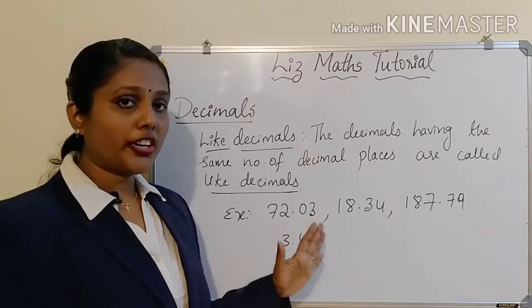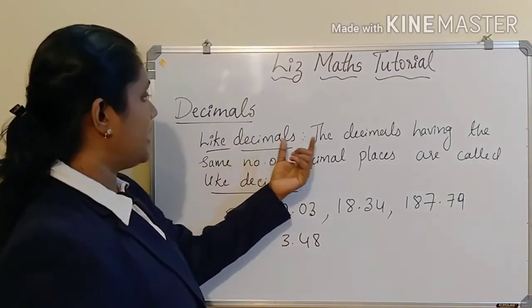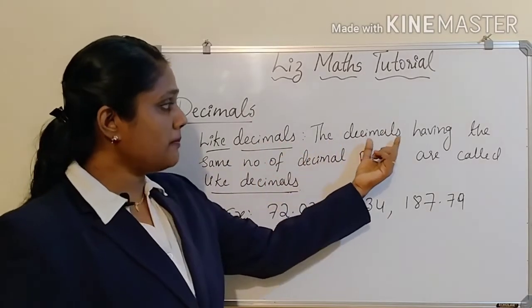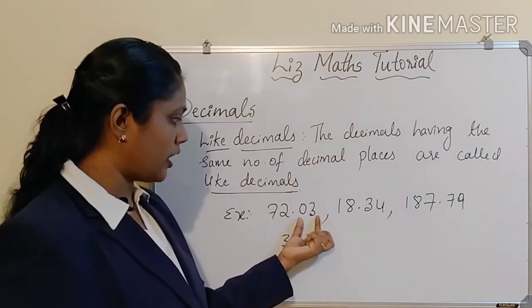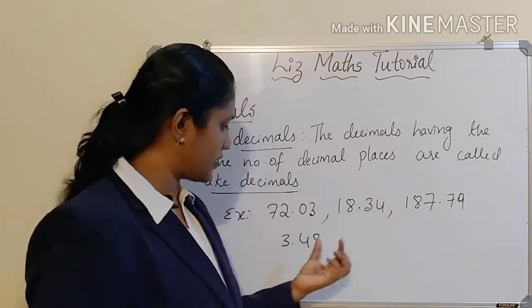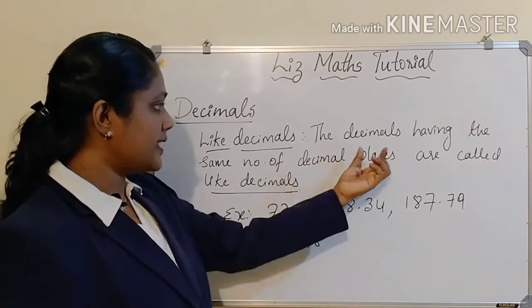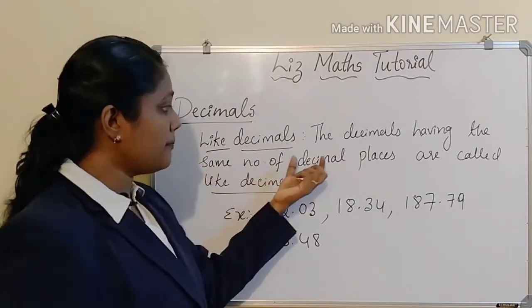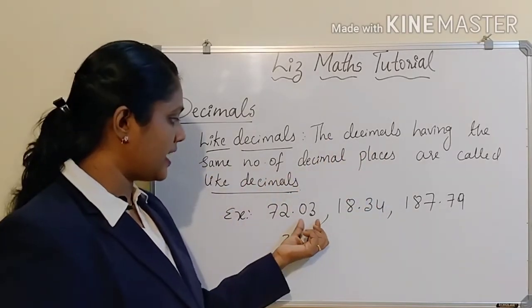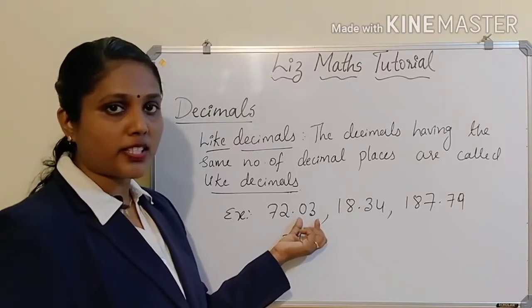See, like decimals means you have to look only at the decimal parts. The decimals having the same number of decimal places. Can you see? We have the same number of decimal places here.